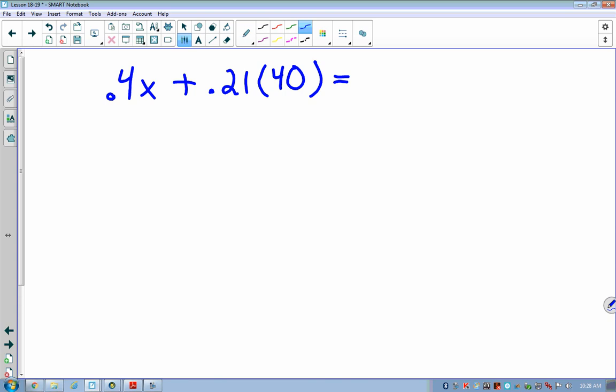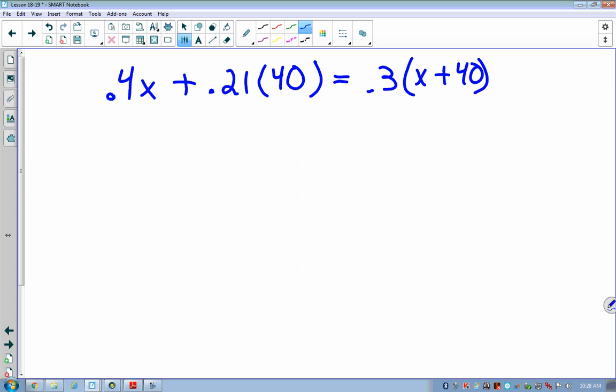To get the solution I'm looking for, that's 0.3 times my amount. Those amounts have to be mixed together, so it's going to be x plus 40.